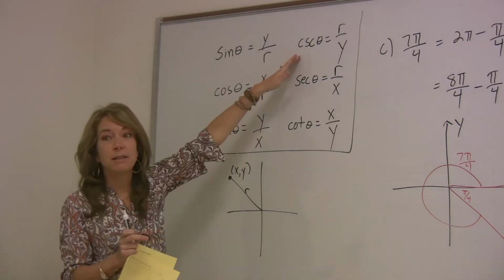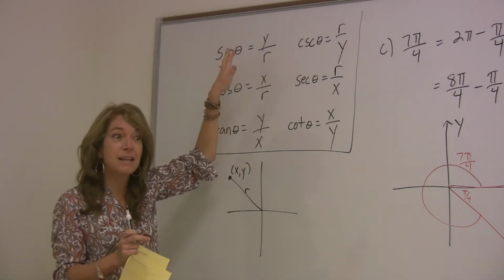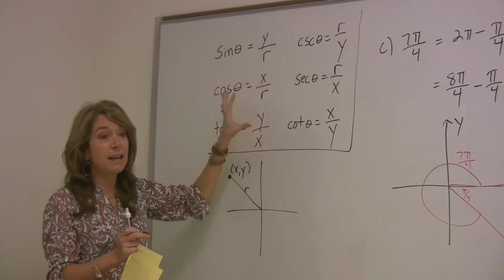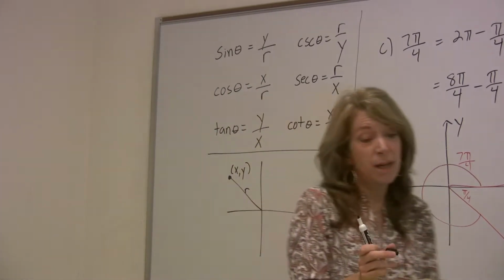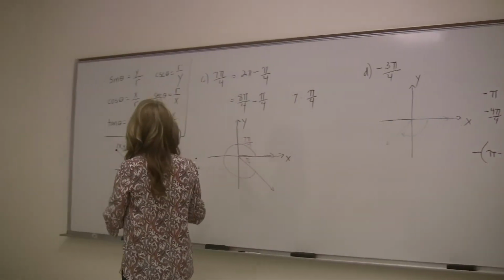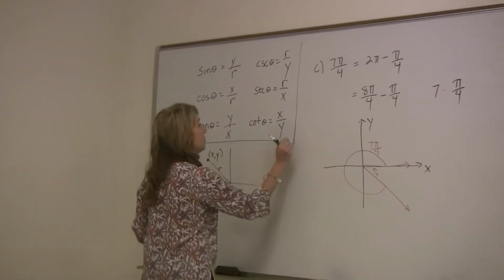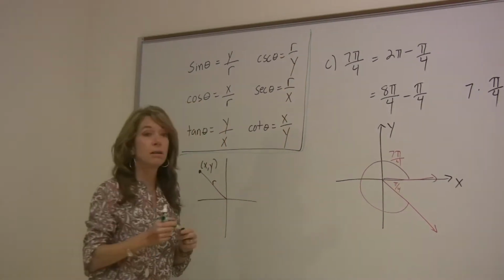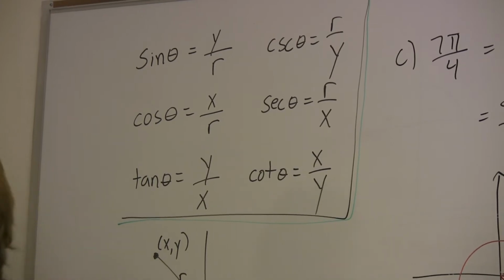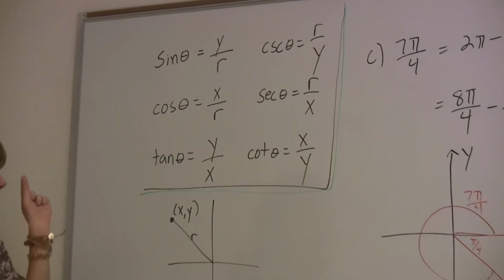I don't have that memorized in my head, but I know it's the opposite of the sine, so then I know to flip that one over. So these, again, you technically need to memorize, but I claim you only memorize the first three and then which ones match up to the other ones. So this is in my memorizing category here. New definitions. You may not remember those definitions from how you learned trig, but it'll help you just remember these little ones.